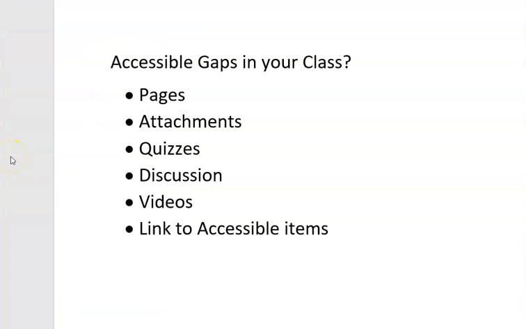So to wrap up, we looked at pages, different attachments, quizzes, discussion board, videos, and then linking out to anything. You should have an accessible alternative or just straight up link to an accessible item. So these are the places to check for any gaps in your class. Will you be able to fix them all?